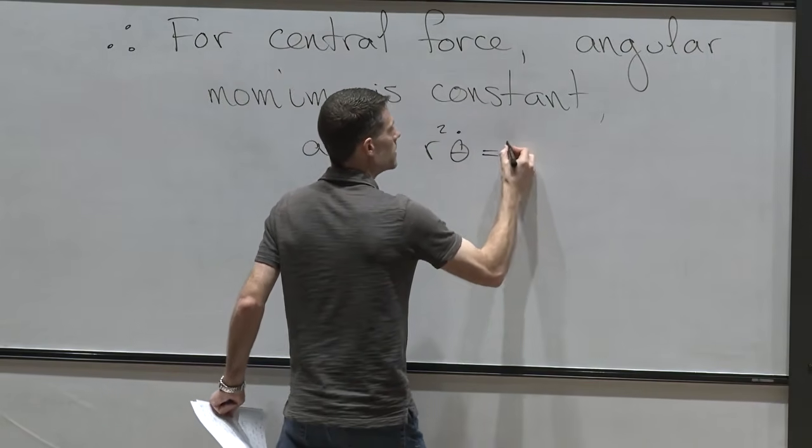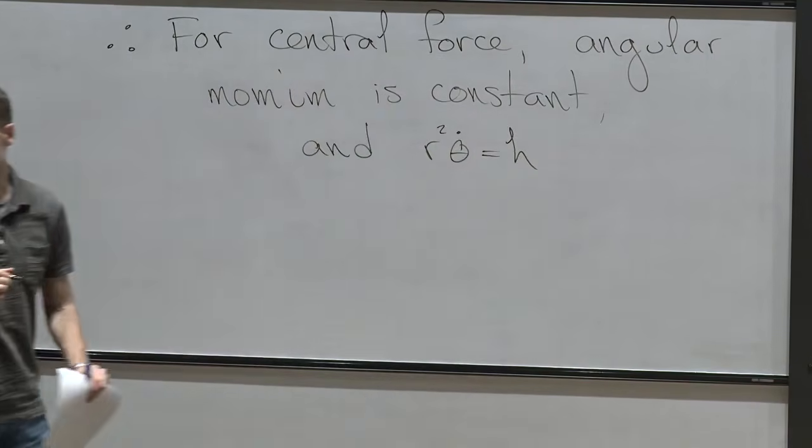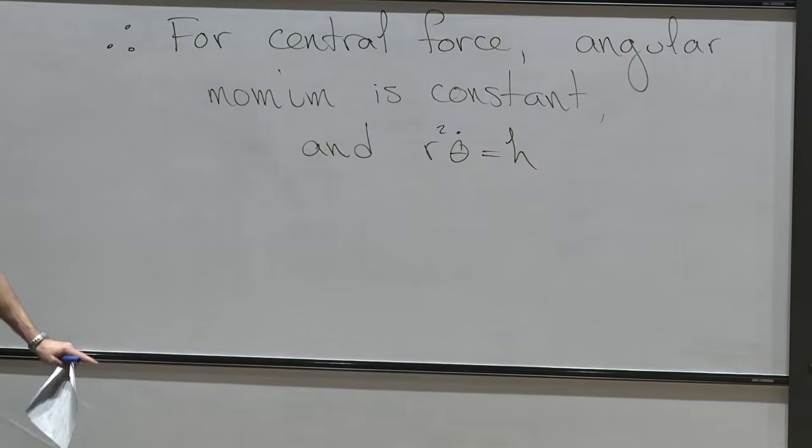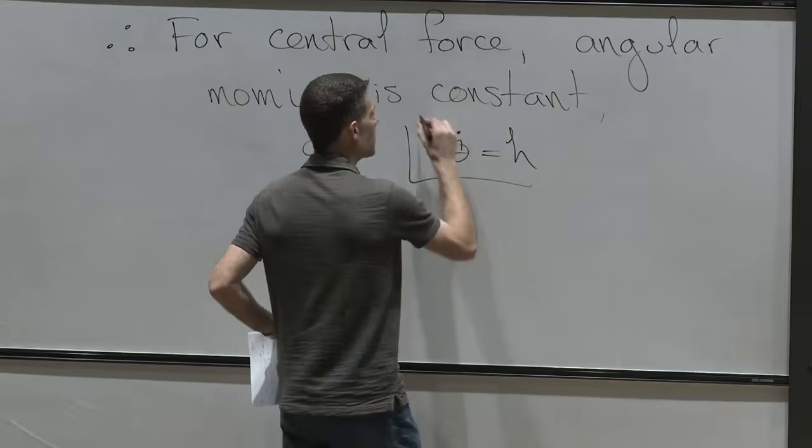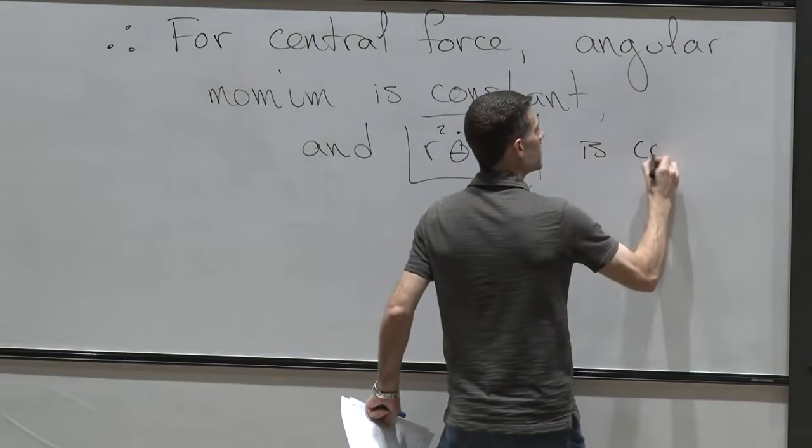And we're going to make lots of use of that fact in the coming lectures. R squared theta dot, we're going to call that H, and that is also constant.